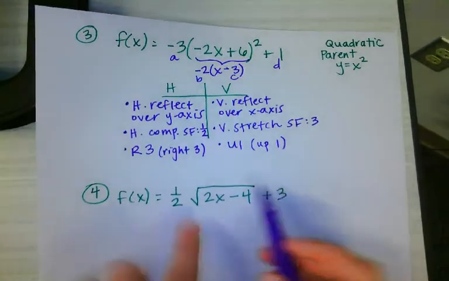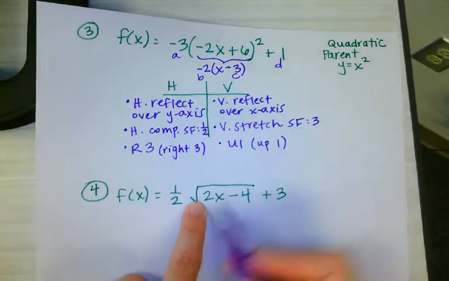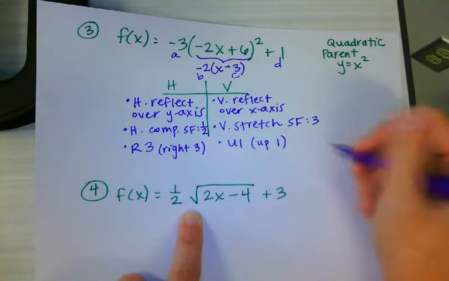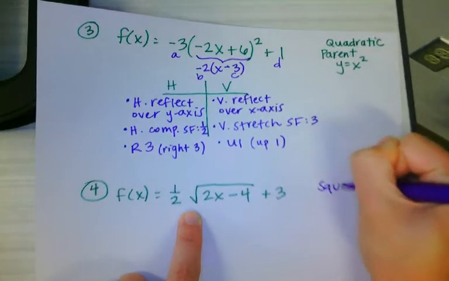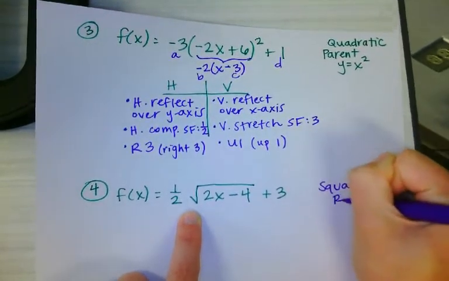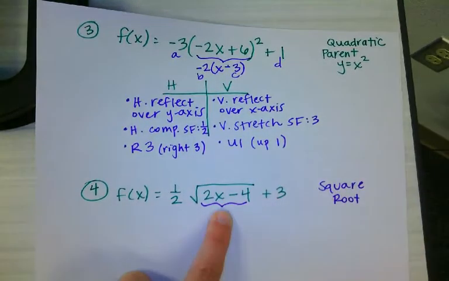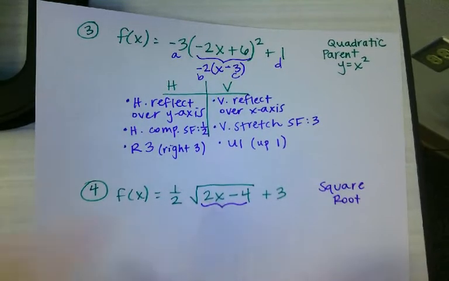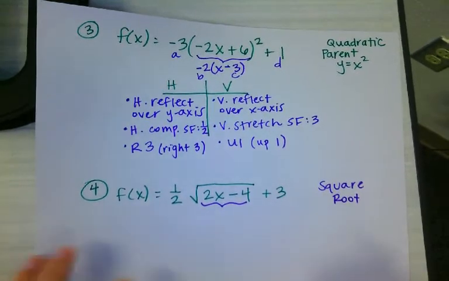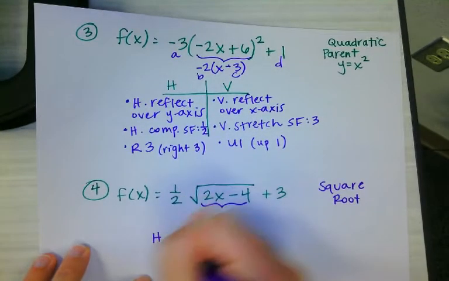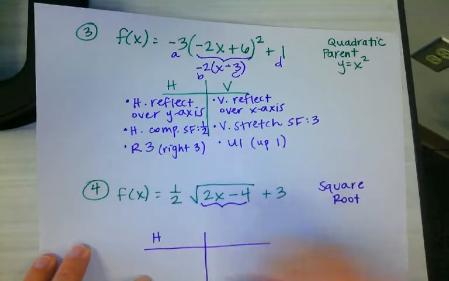Okay, notice this time I switched it up. Instead of quadratic, writing the square root means that this is a square root function, and I look under the square root to see my horizontal changes that are with x and are all the opposite of what I might think. So let's start with horizontal.